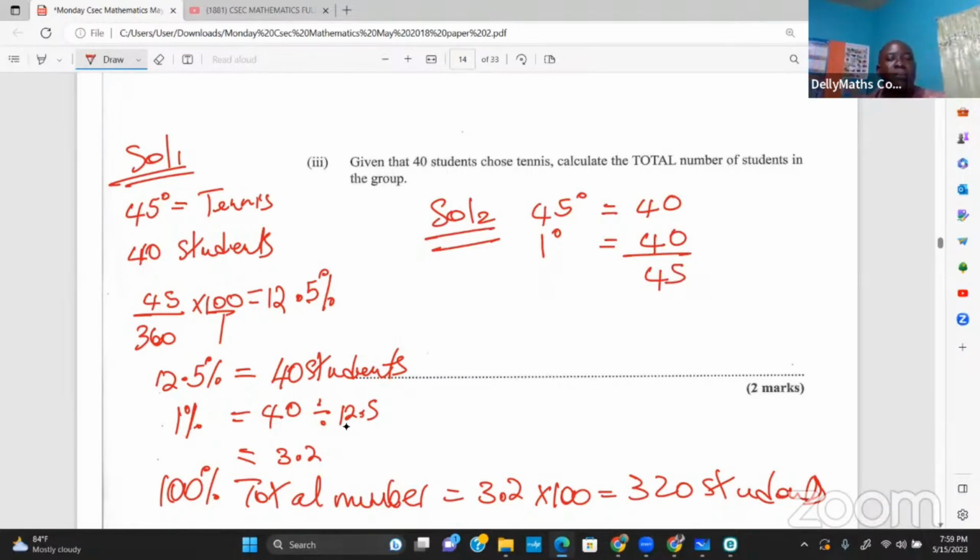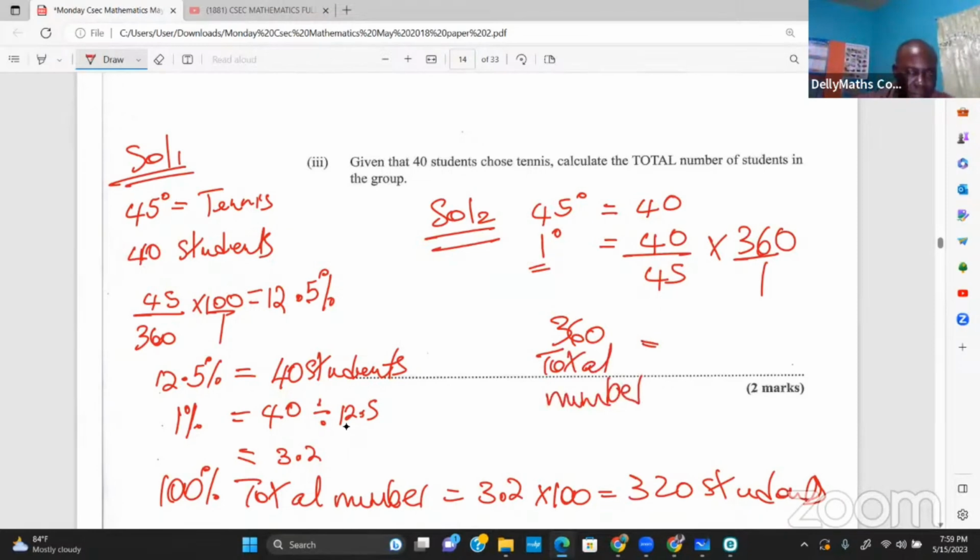And if I multiply this by 360 to get the full 360 degrees, because if I divide the 45 into the 40, I'm going to get 1 degree, but I want 360 degrees, which is the total number.